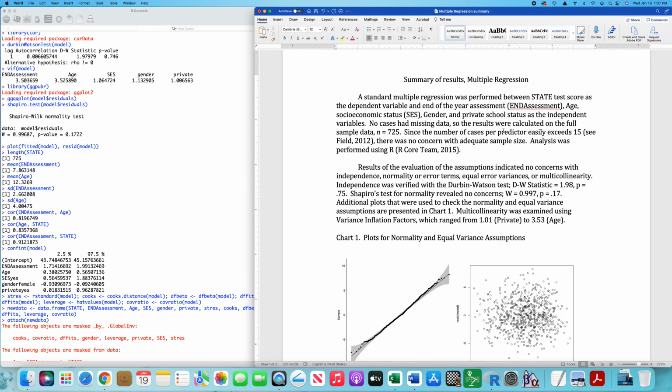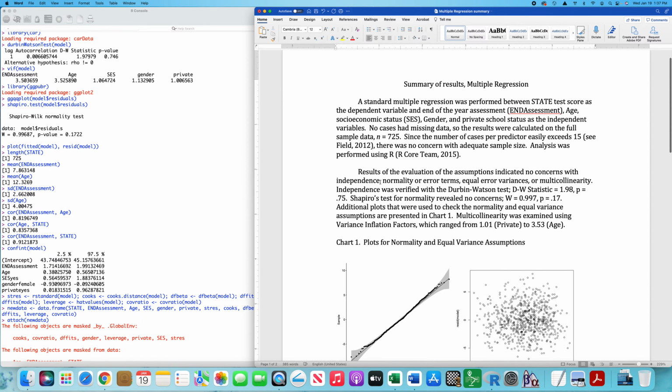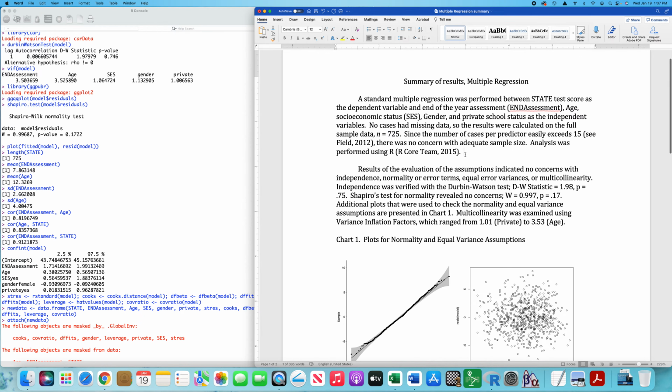And I talk about adequate sample size. We have what, 6 predictors? 2, 3, 4, 5. Actually, we have 5 predictors. So 5 times 15 is 75. So the sample size is 725, which easily meets that threshold.